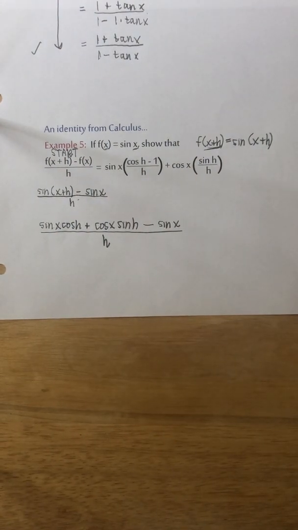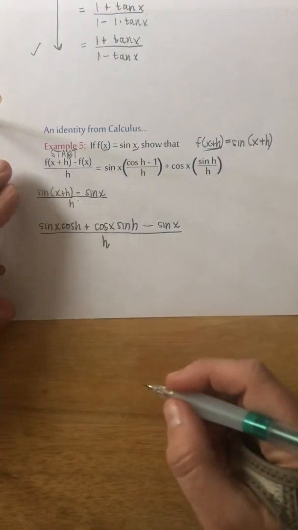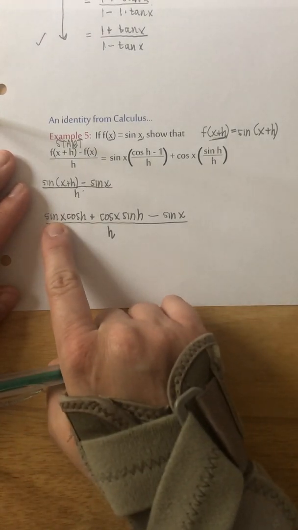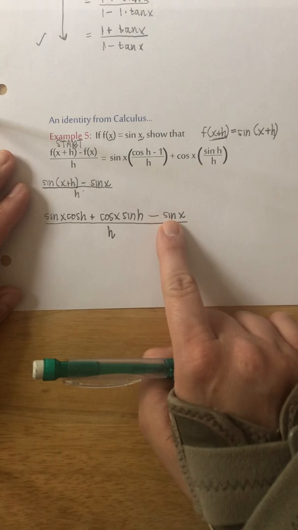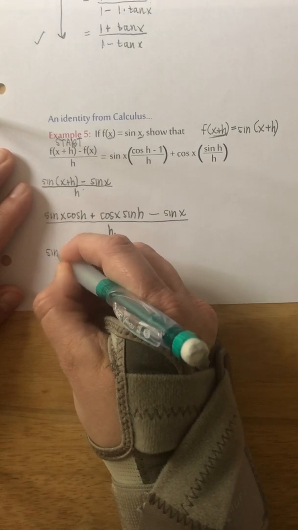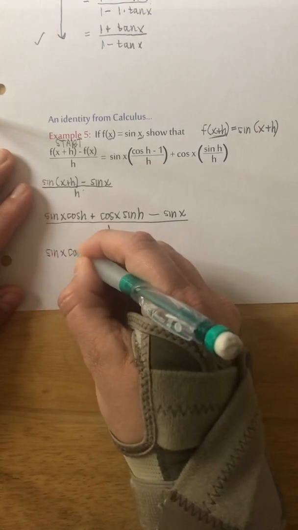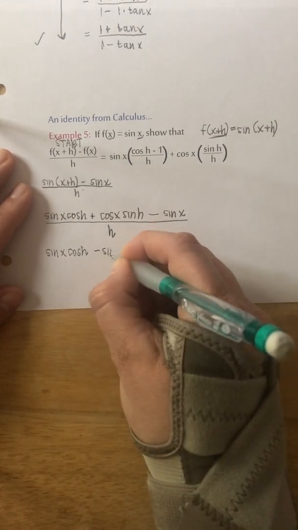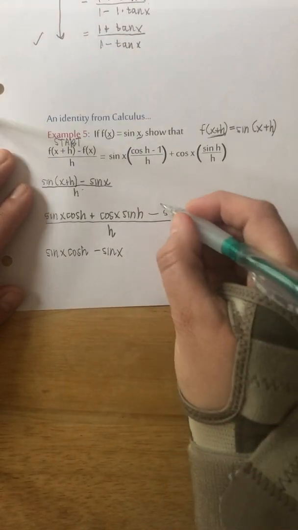Okay, so we have a whole lot of letters, don't we? Let's see. So I noticed that this has a sine x and this has a sine x. What if we put those two things closer together? I'm just moving that here.